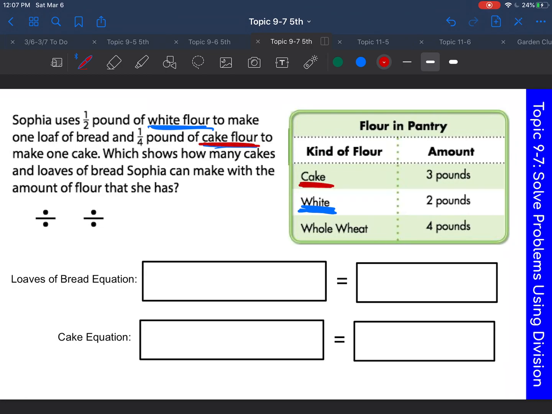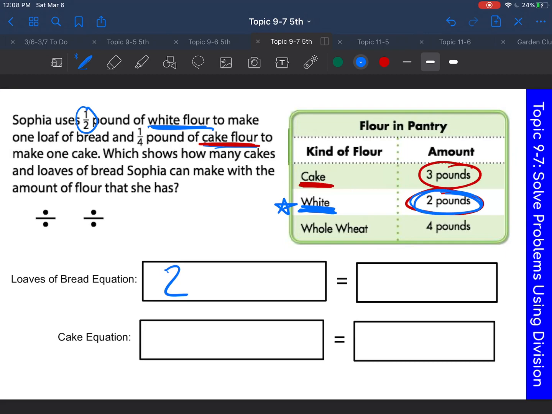So you're trying to see how many loaves of bread and cake she can make with these amounts. For the white flour for the loaves of bread, you have 2 pounds. So you're trying to see out of 2 pounds how many half-pound loaves you can make.